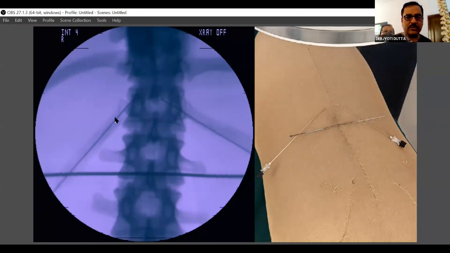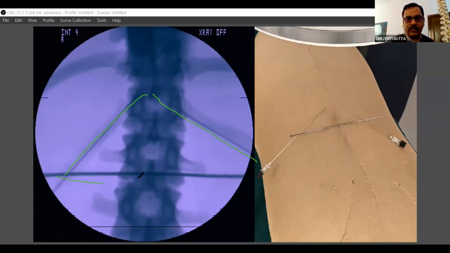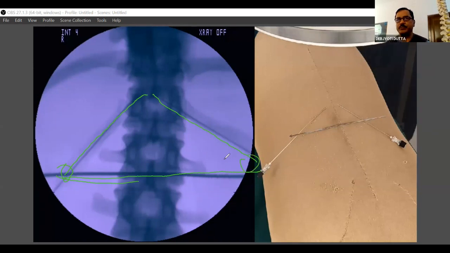One line is drawn here, another line, one line from the T12 along the 12th rib here, another line is here, and then along the L1 we put the spinous process of the L1, we draw another line, and where they cut, this is your needle entry point.